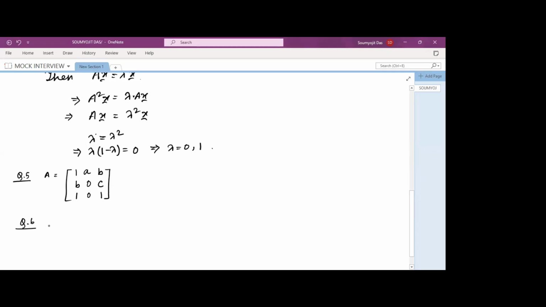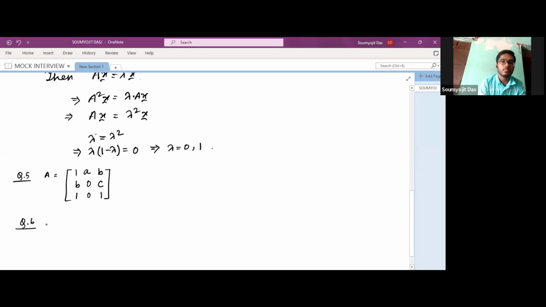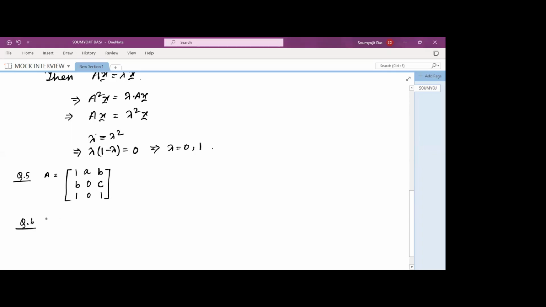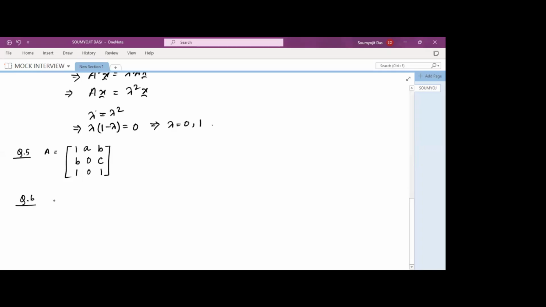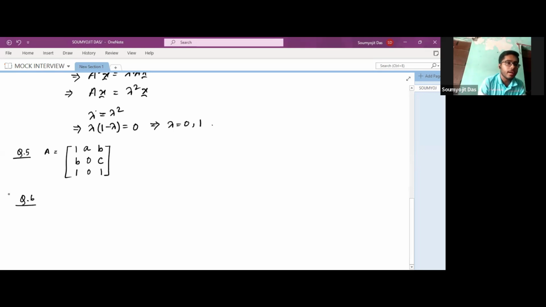Okay, my next question is diagonalizability. Can you first construct an example of a matrix which is not diagonal but diagonalizable? Sir, if we don't have all eigenvectors linearly independent, then the matrix won't be diagonalizable.